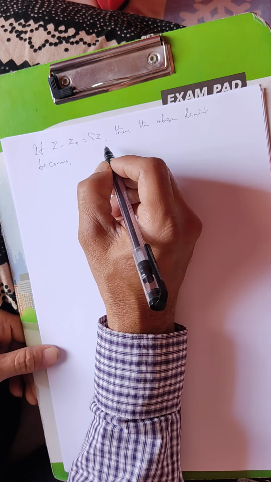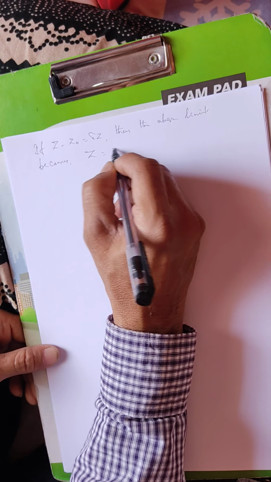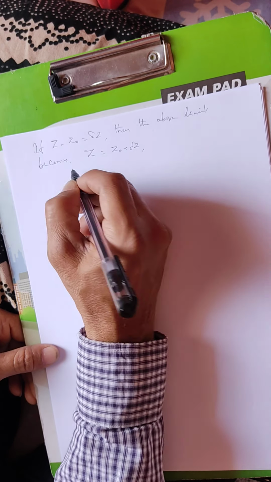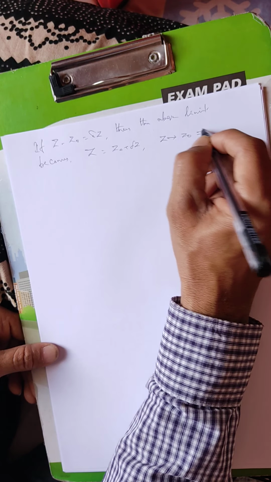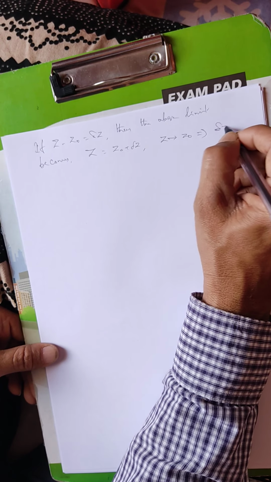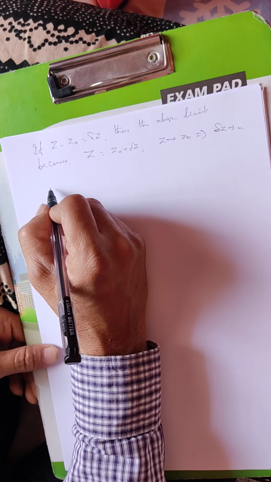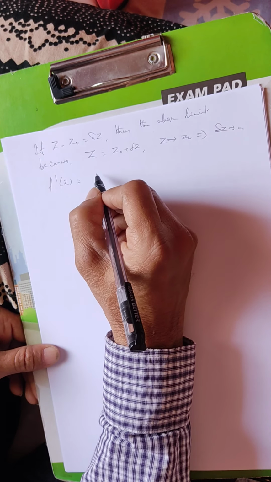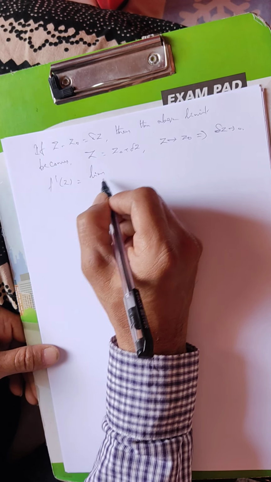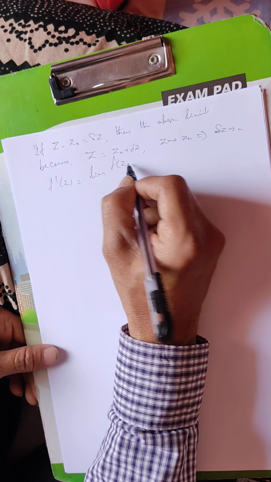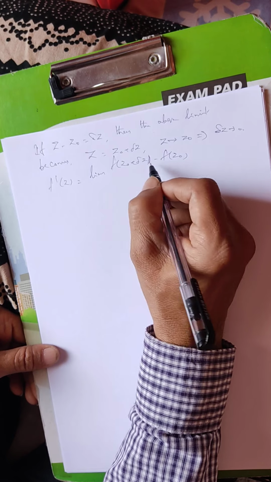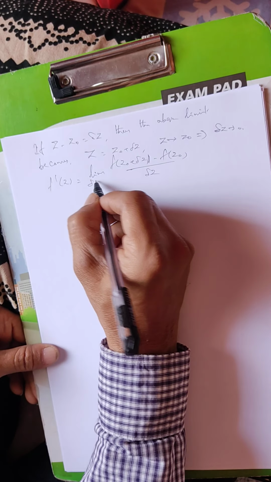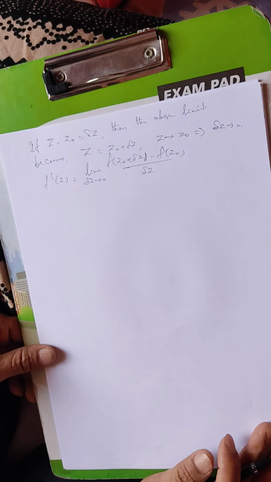When z minus z naught is equal to delta z, then z becomes z naught plus delta z, and as z tends to z naught, that implies delta z tends to 0. So now we can write f dash of z naught is equal to the limit of f of z naught plus delta z minus f of z naught divided by delta z as delta z tends to 0.